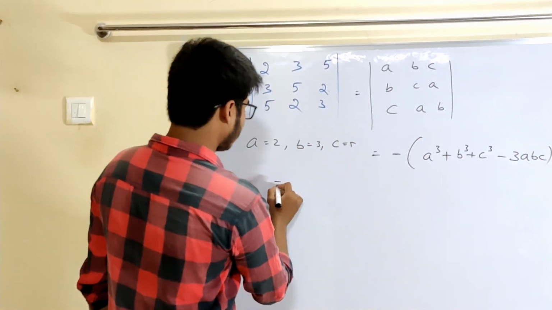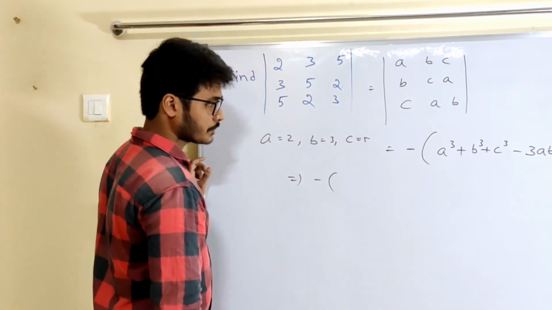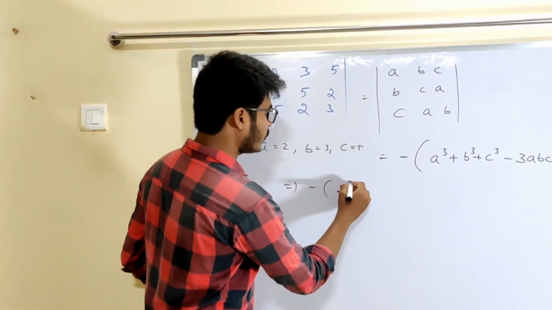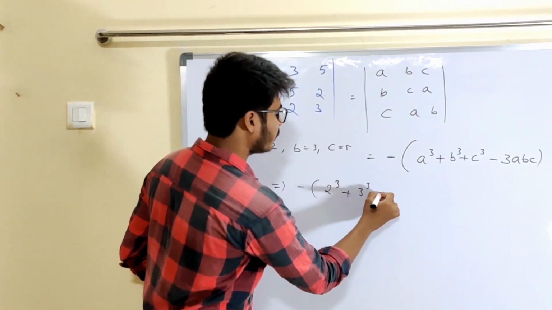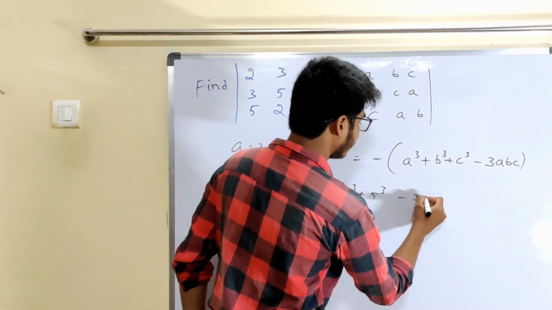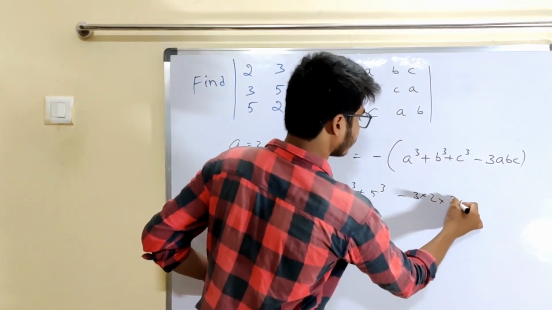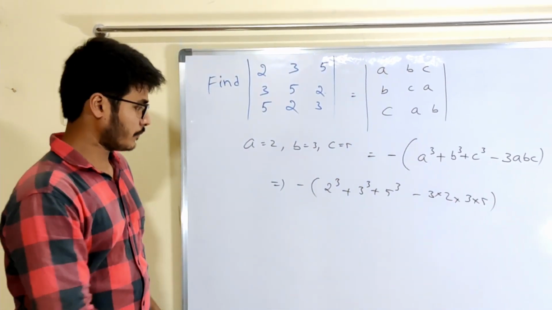So the solution for this given question is minus of (2 cube plus 3 cube plus 5 cube minus 3 into 2 into 3 into 5).